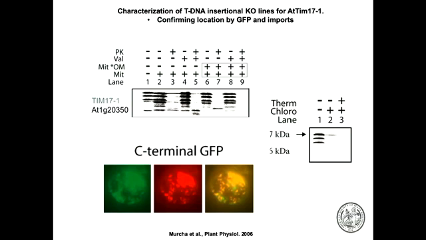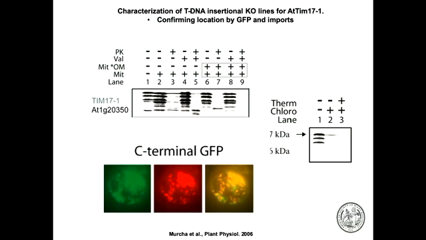And when you translate a protein, it doesn't know which one's the first methionine. So it can translate a protein from the first methionine, the second methionine, the third methionine, yeah? And all these different bands represent TIM17-1 or truncated forms of TIM17-1. And of course, the biggest one is our full length protein.